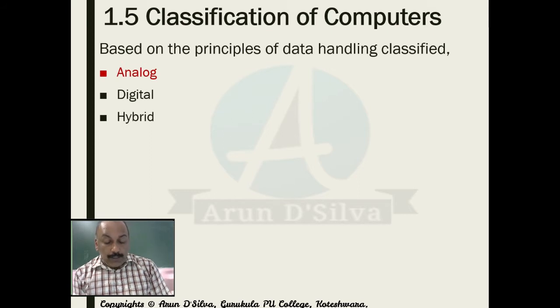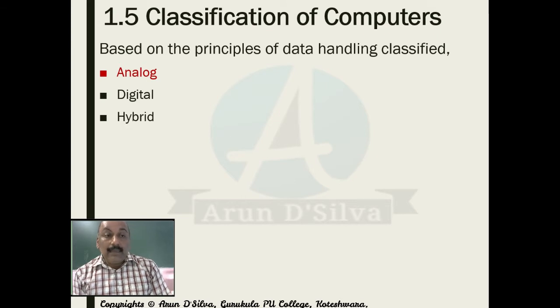An analog computer is a computing device that works on a continuous range of values with a minimum or a maximum value. At a given point of time, any value can be attained, which depends on the previous value. So it is continuously coming.